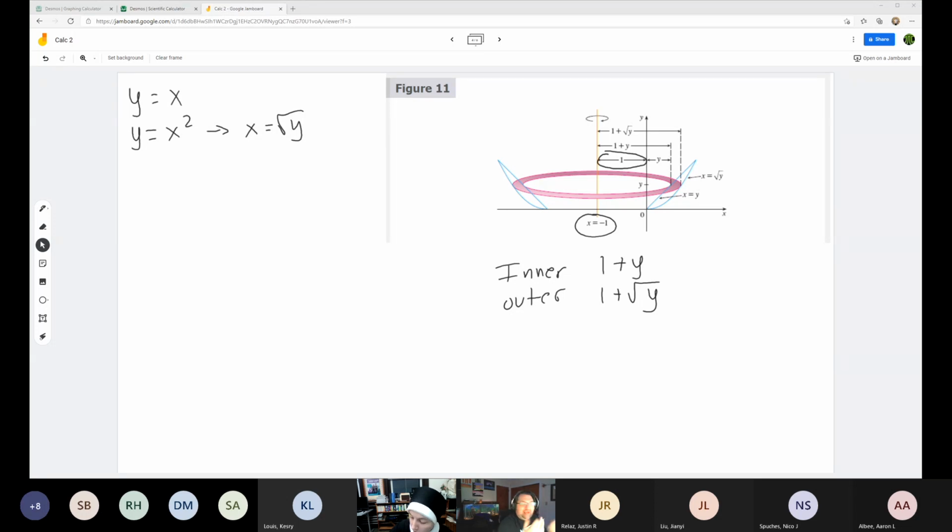All right, so now everything else is the same. So my area is going to be pi times (1 plus the square root of y) squared, minus pi times (1 plus y) squared.